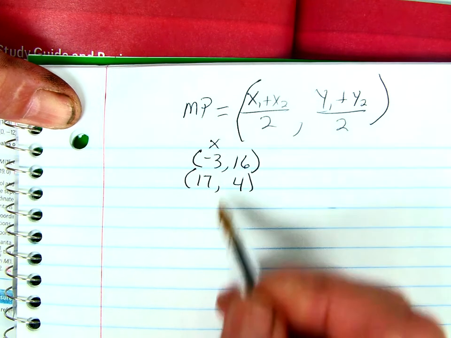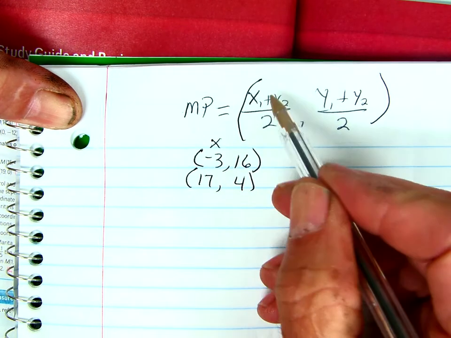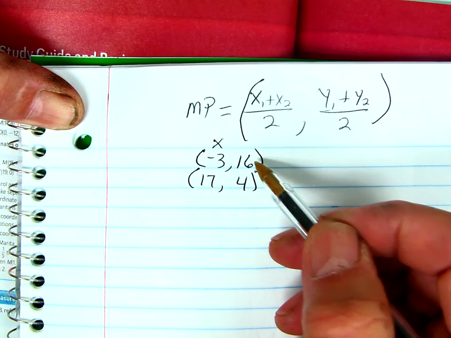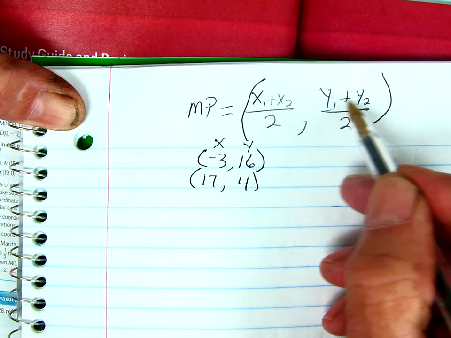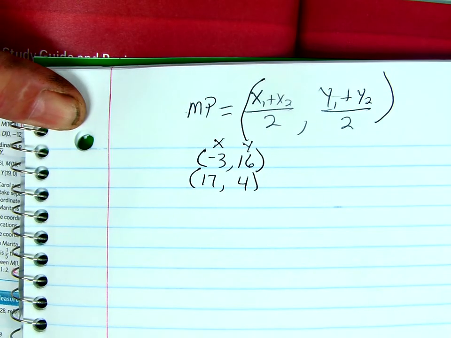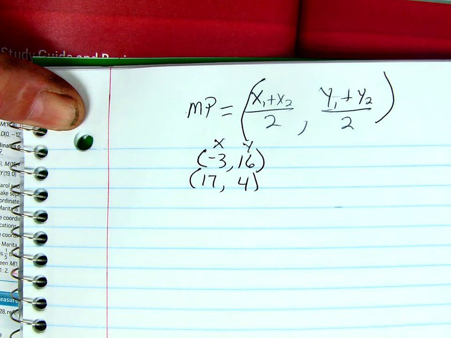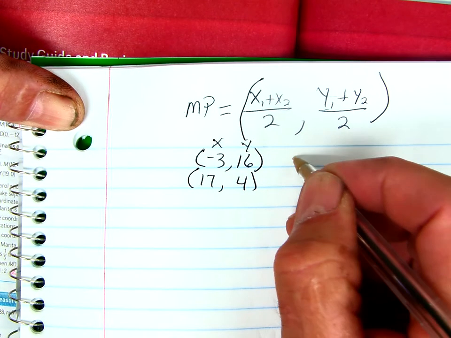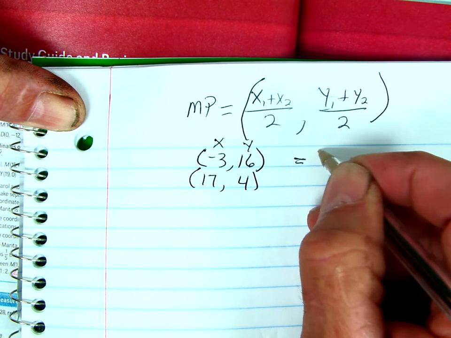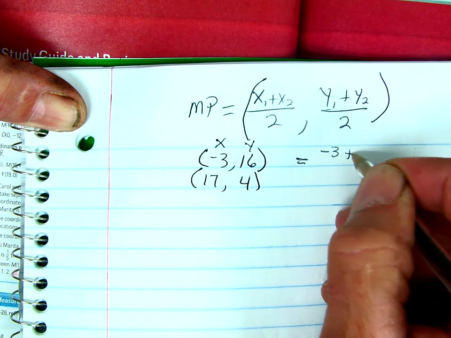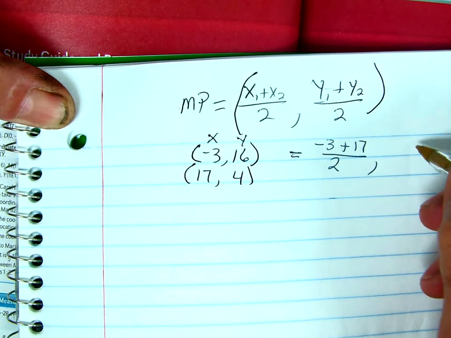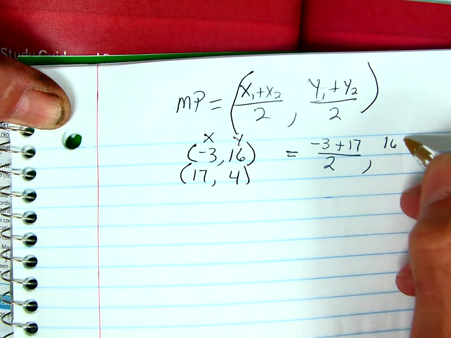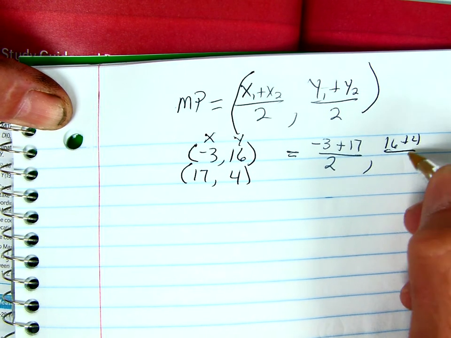Here's my x's, so those 2 numbers go right there. Here's my y's. Those 2 numbers go right there. So it's going to equal -3 plus 17 over 2, comma, 16 plus 4 over 2.